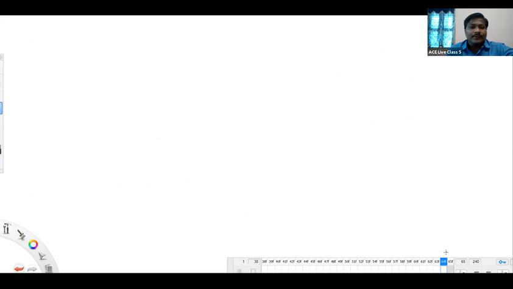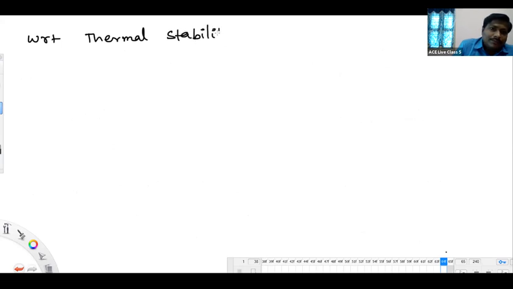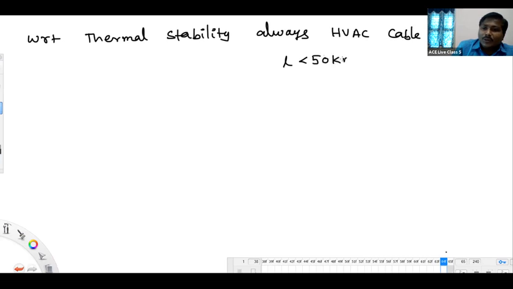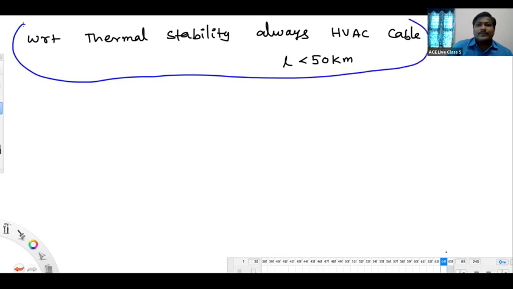So with respect to thermal stability, HVAC cable length is always limited to 50 kilometers. It has to be used only for lengths less than 50 kilometers.